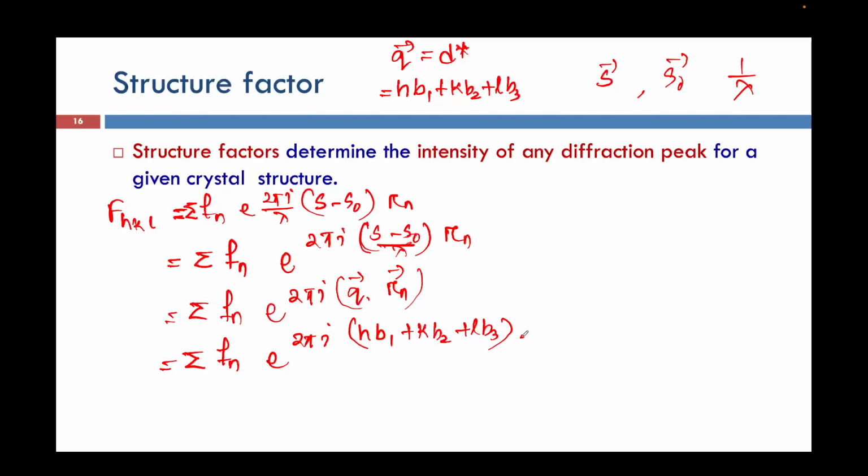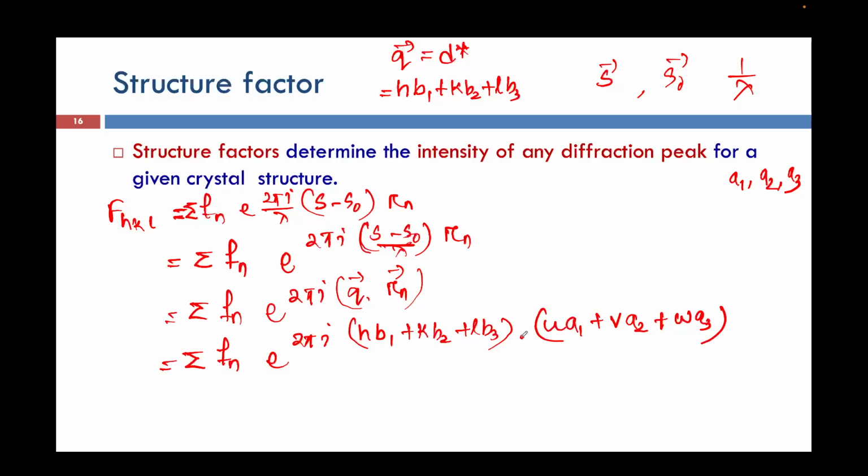Rn means the position vector of a particular atom with respect to the coordinate system. How can I define my position vector? That means where I am keeping the material, that is in real space. So I know at what coordinates I am keeping my material. Let's say I am talking in terms of real space, and in real space I am taking a1, a2 and a3, right? So what will be my coordinate system? u a1 plus v a2 plus w a3, right? I can write it like this.